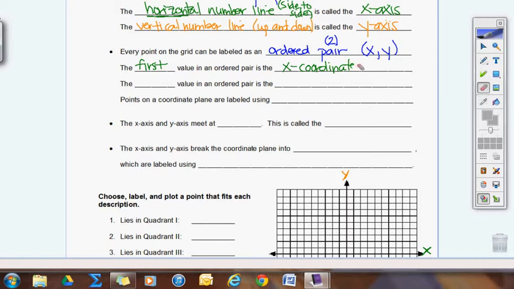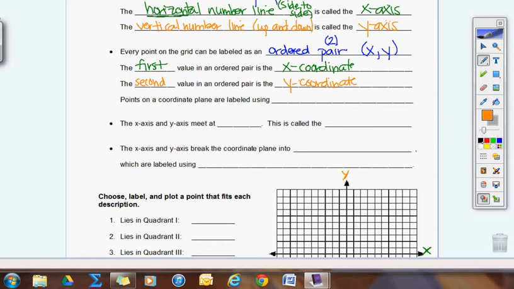And then the second value in the ordered pair is the y coordinate. Not y value, we're going to call it the y coordinate. It tells us where we are in the y direction, or in the vertical direction. The x coordinate tells us where we are in the horizontal direction.